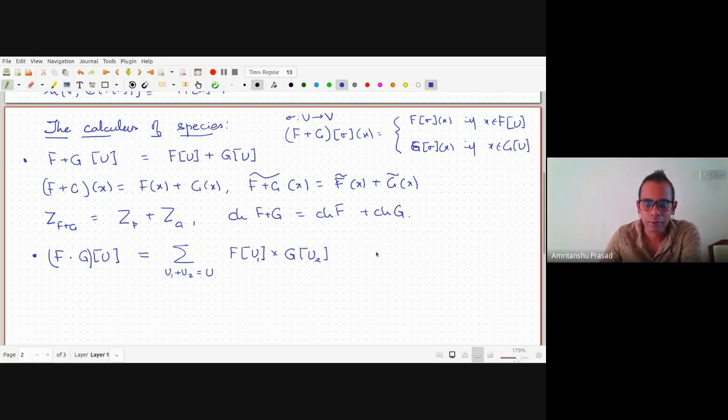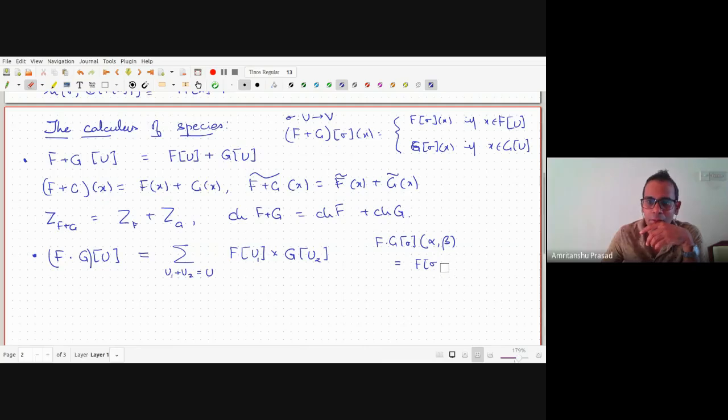So if you have F dot G sigma, and so now you'll have two of these things. You'll have alpha comma beta. So this alpha is an F structure on U1, beta is a G structure on U2. Then this will be, I guess, F sigma. So what you'll do is sigma restricted to U1.